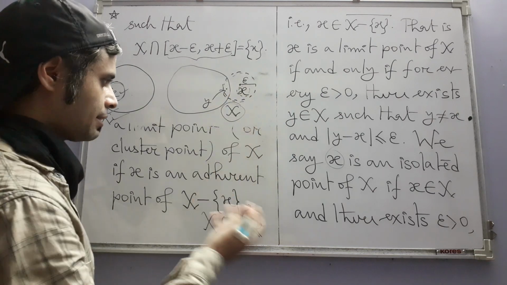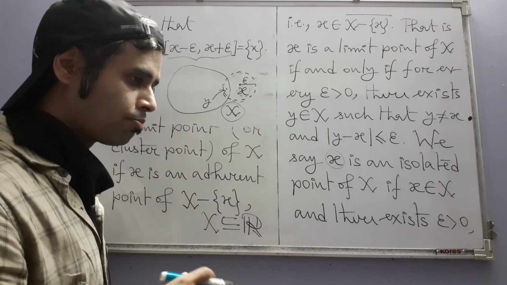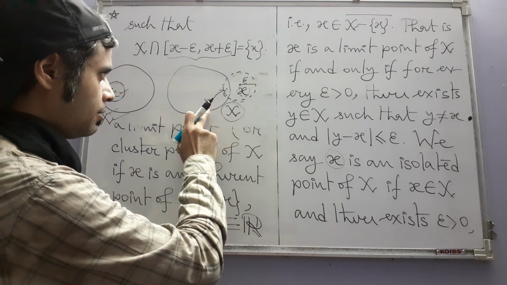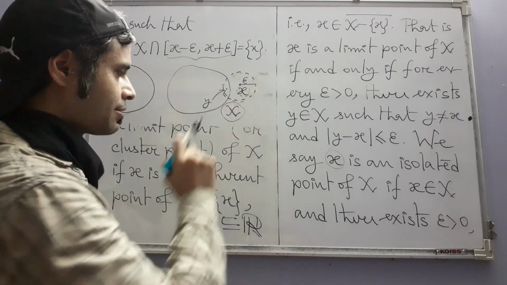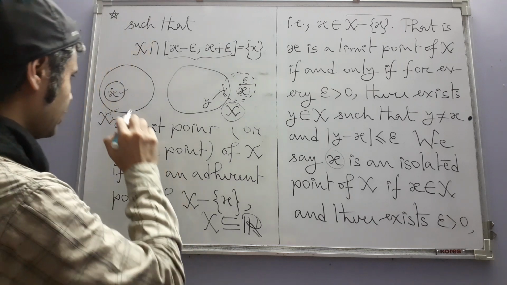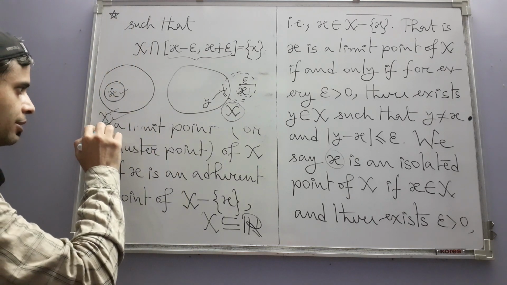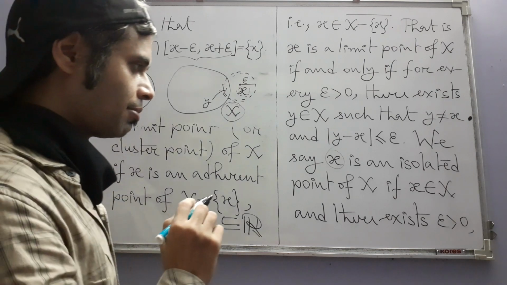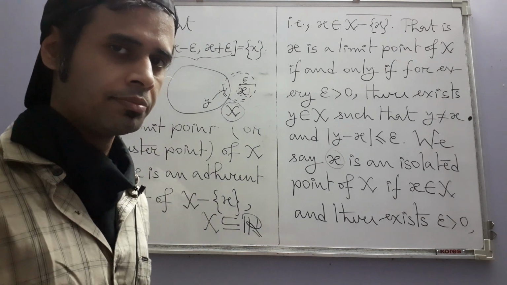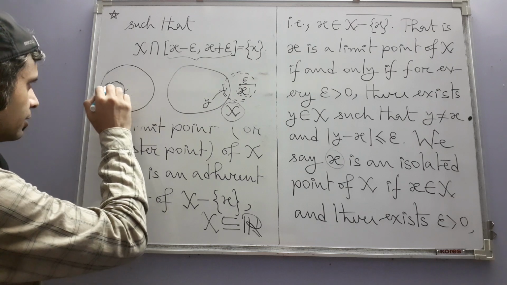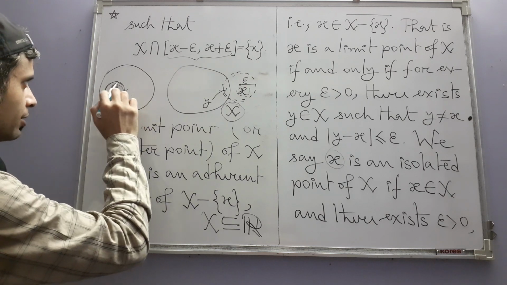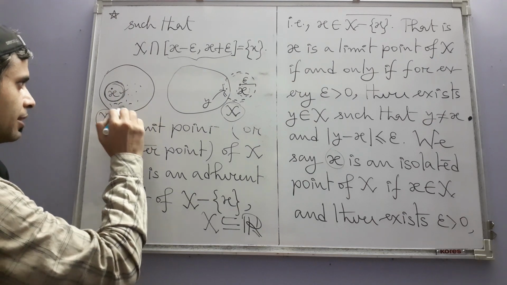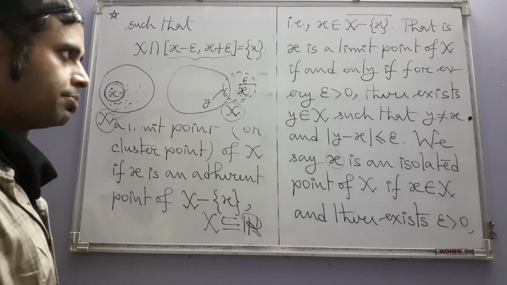You can say that limit points are popular in X. Elements of X cluster around a limit point, but an isolated point, although it's a point in X itself, is highly unpopular. There is a region within which you won't find any element of the set X other than the point itself.